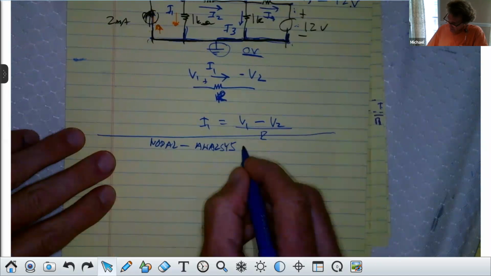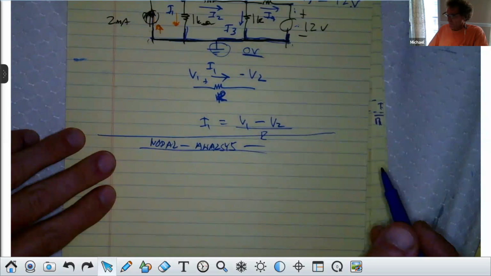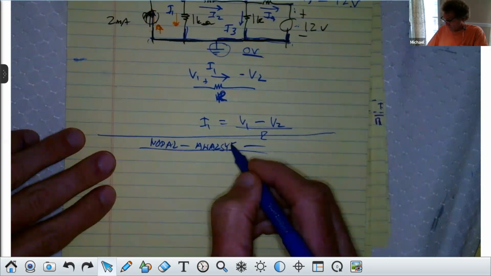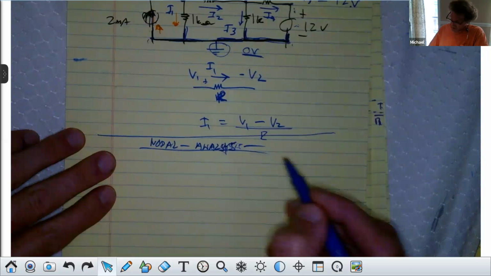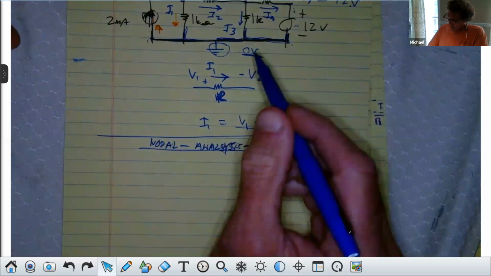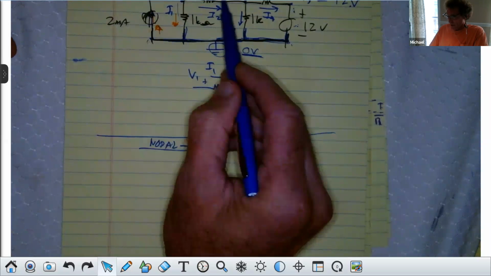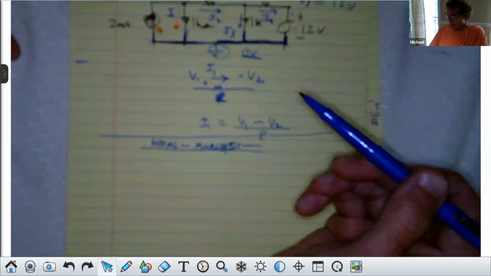All right. Now, what this means is simple. Nodal analysis. Anytime you have a node, it's a point where current can enter one way and more than one way come out. Isn't that right, class?